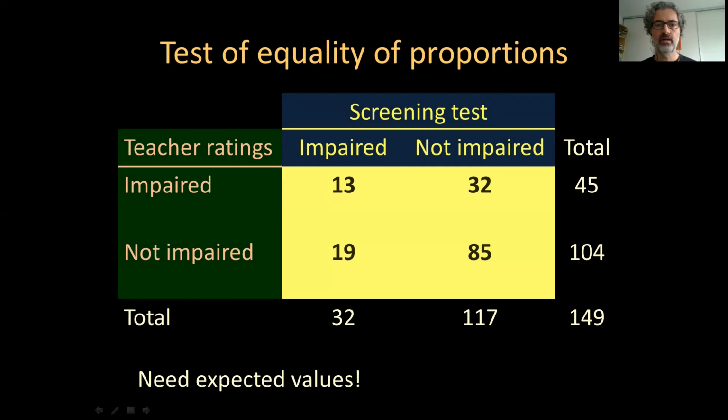Note that all the marginal sums are fixed and cannot change. We cannot change the fact that there were 149 children in total. We cannot change the fact that teacher ratings resulted in 45 classified as language impaired and 104 classified as non-impaired.